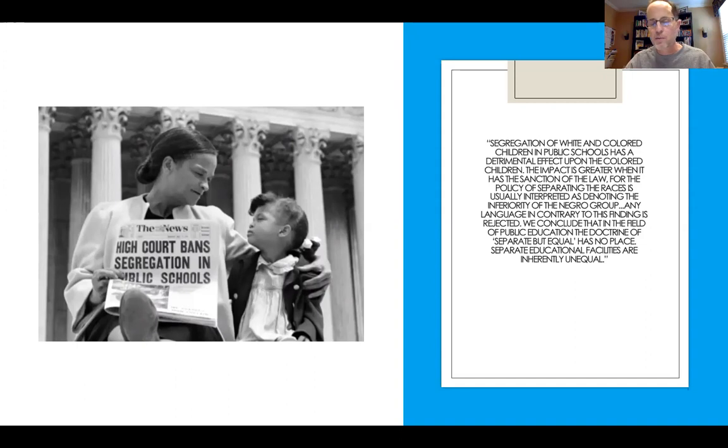And he uses that term, I think, intentionally, because it was part of the majority opinion in Plessy that rejected the idea of separation instilling a badge of inferiority. And that separate but equal has no place and is inherently unequal.